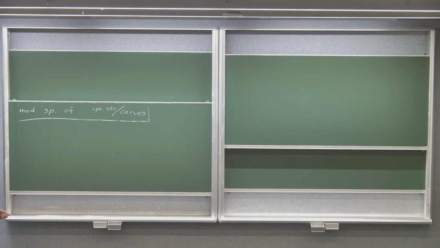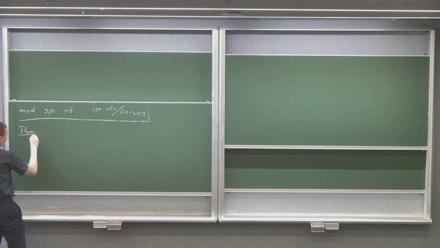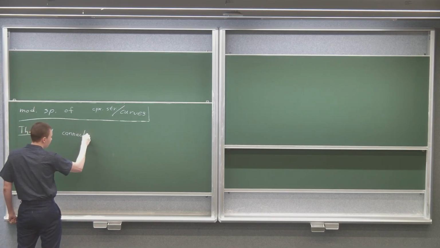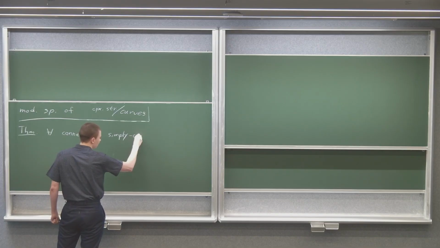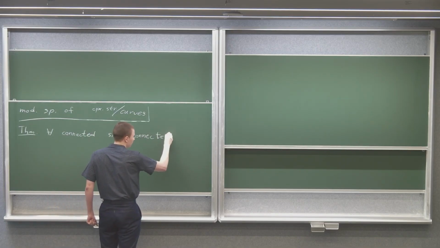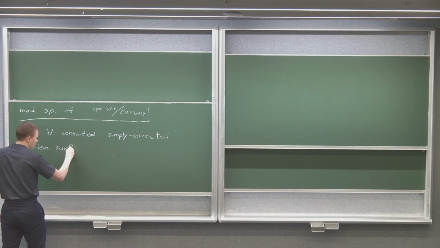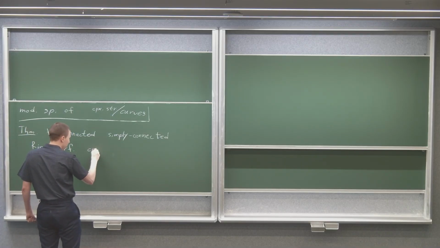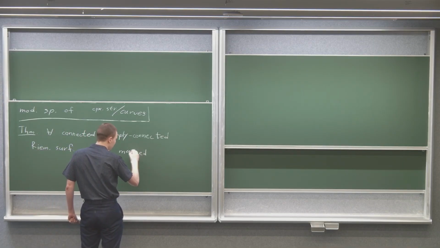It states that any connected and simply connected Riemann surface, so it's a complex manifold of complex dimension 1, can be conformally mapped to one of the three models.